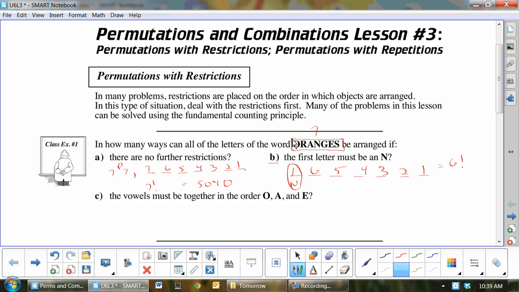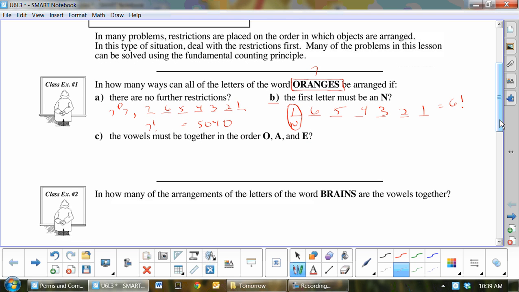Okay? Now, what about the vowels must be together in the order A, O, A, E? Now, what this is saying is, pretend that these are all little discs or whatever in a bag, and you're pulling them out. And one is now going to be an OAE disc.